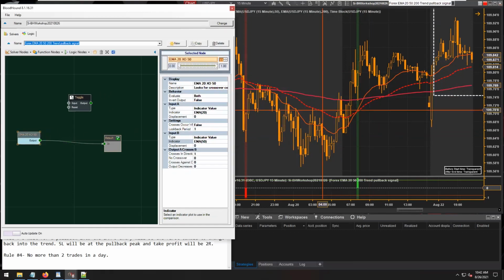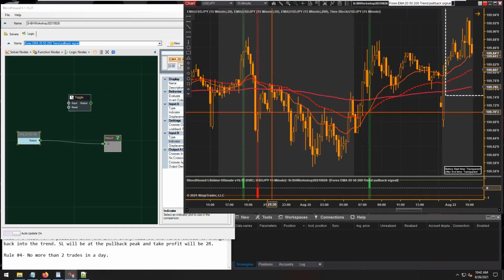And so we're going to do this one more time. We need one more crossover, maybe 3, but I don't think so. We identified the 20 crossing the 50, and I think we only need to identify the 50 crossing the 200. Well, actually, no, I take that back.